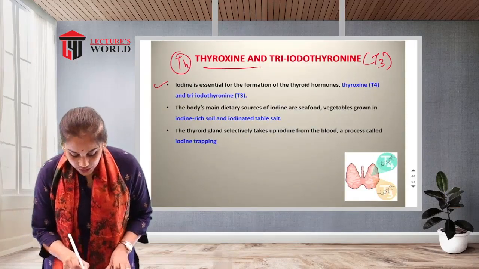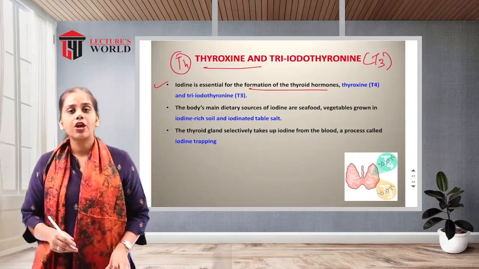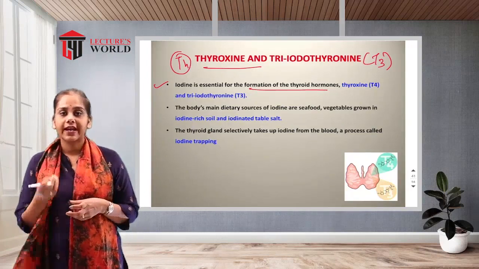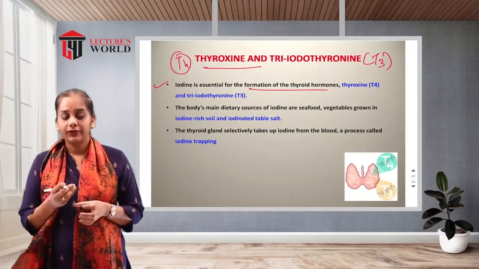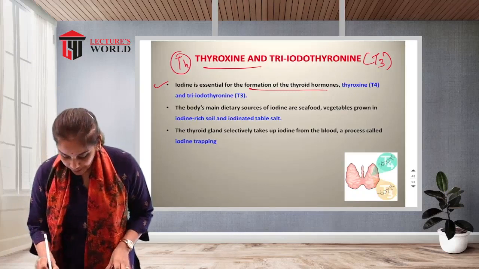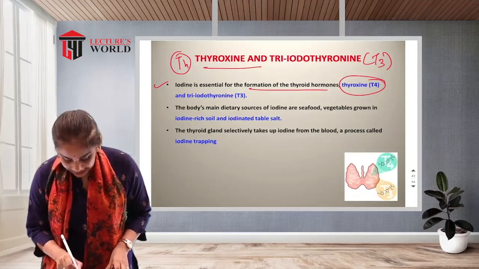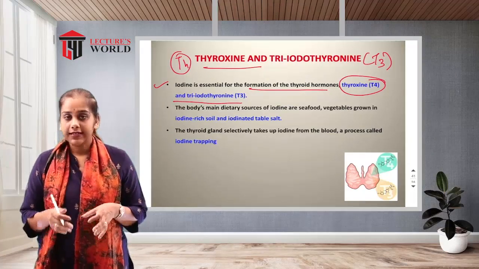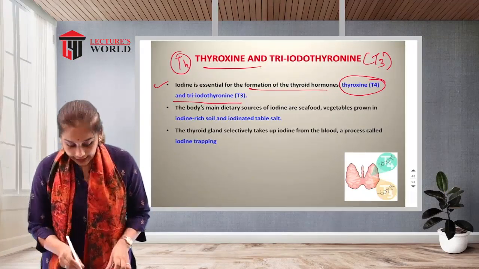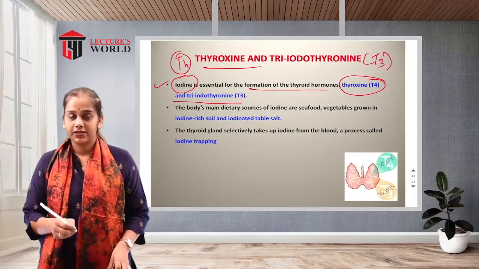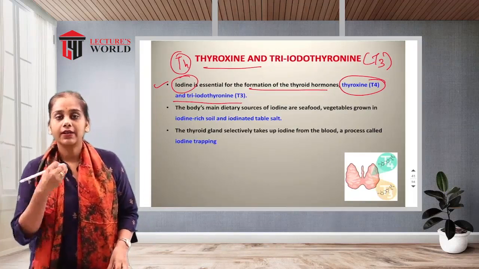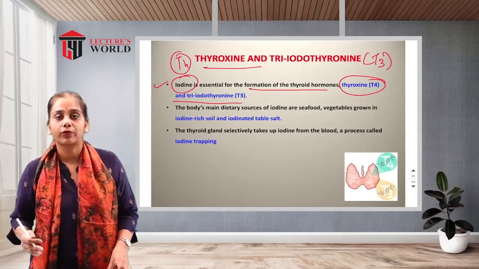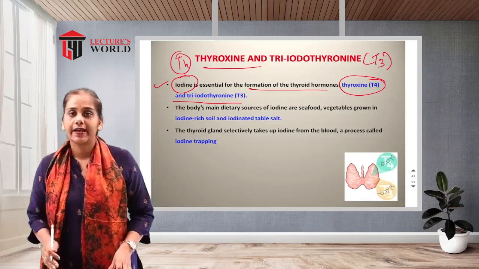Iodine is essential for the formation and synthesis of the thyroid hormones, thyroxine and triiodothyronine. Intake of iodine in the diet is essential for the production of these two hormones in the thyroid gland.